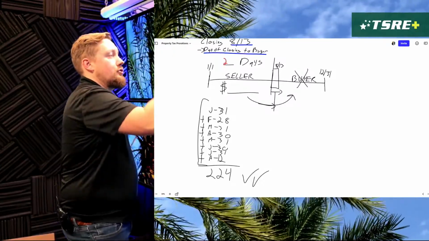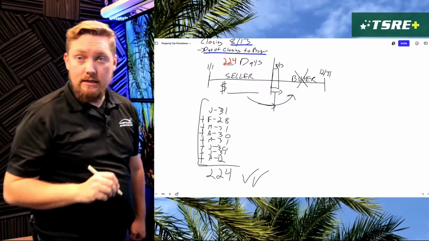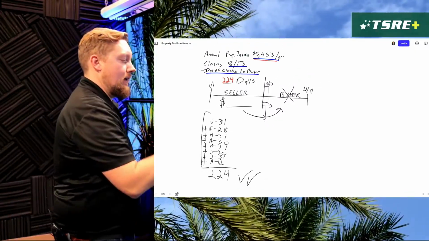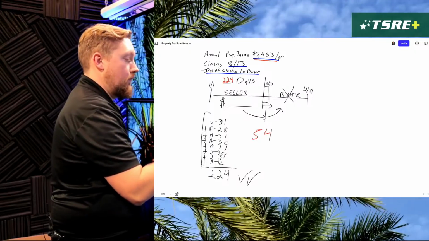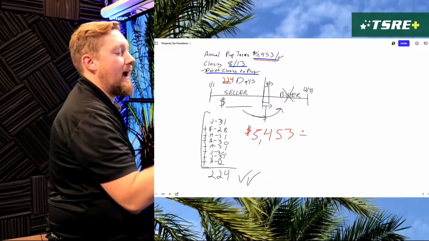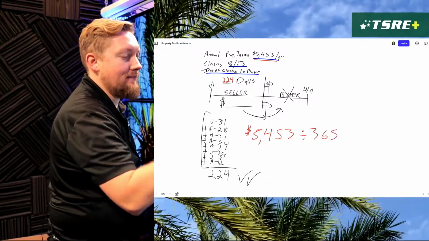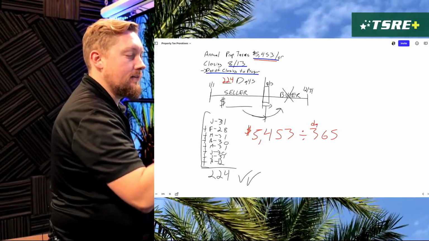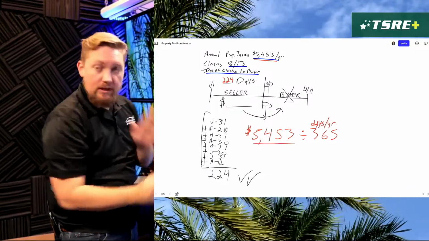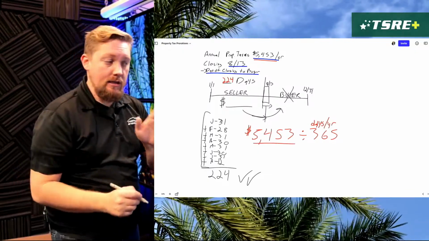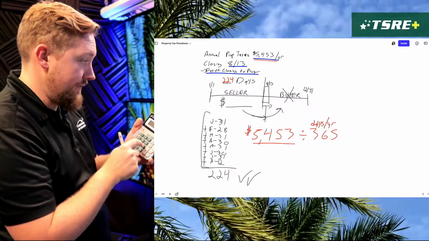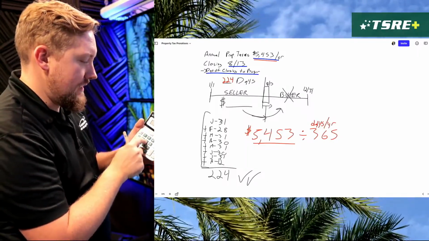And once you find out those 224 days, we can now move to the final step of taking those taxes of $5,453, dividing that by 365 days in a year, because this is an annual number, the $5,453. So we break that into 365 to get our daily rate, 5,453 divided by 365.